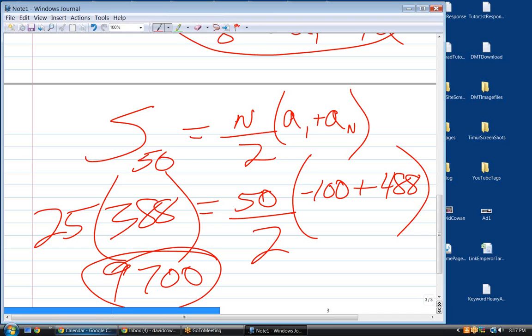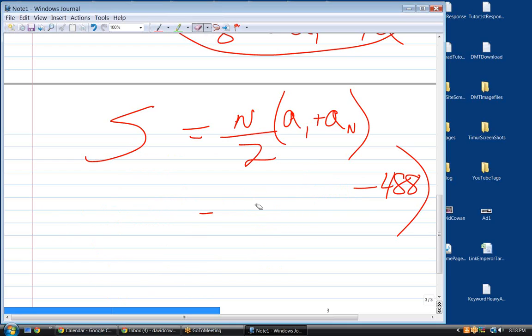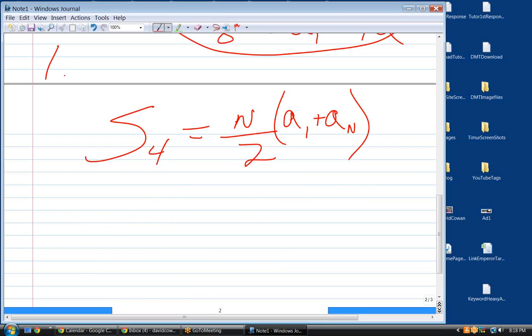And if you ever forget this definition, use a small sequence to figure it out. In other words, I know what the sum of the first four terms of an arithmetic sequence 1, 2, 3, 4 is. That's 10.